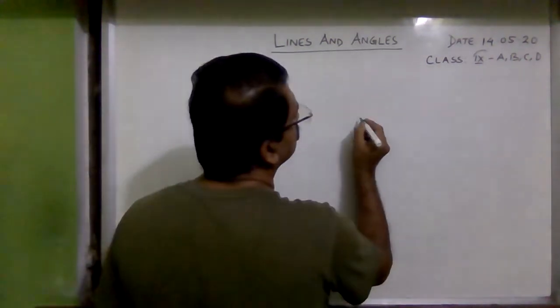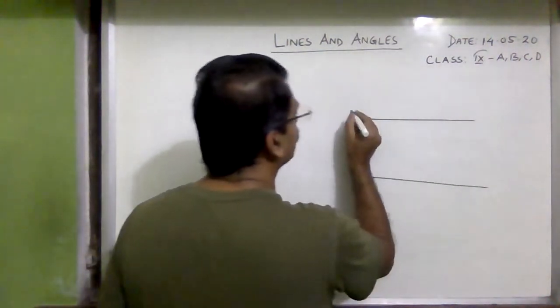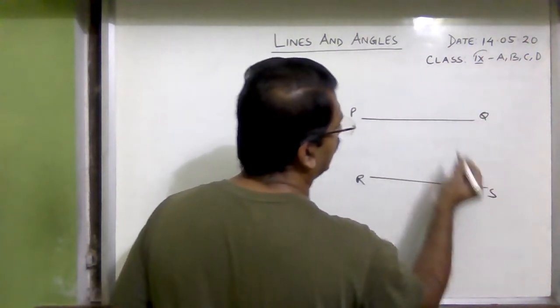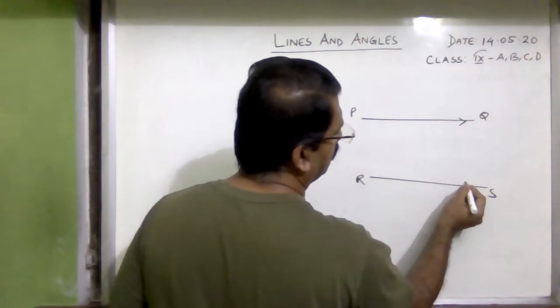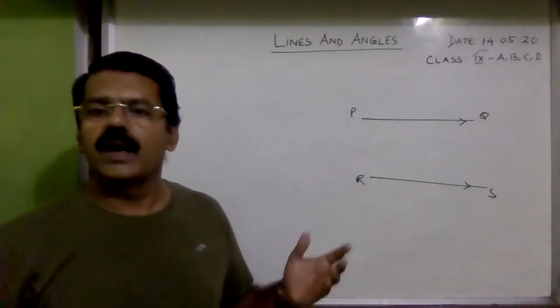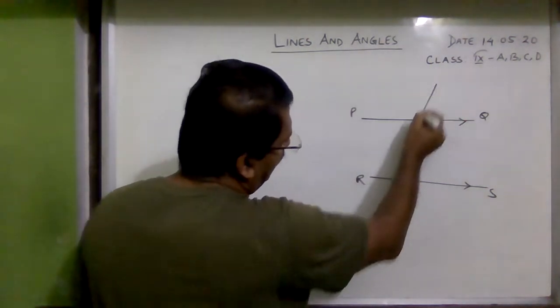Now see, PQ and RS are two lines which are parallel to each other, and there is a line MN.